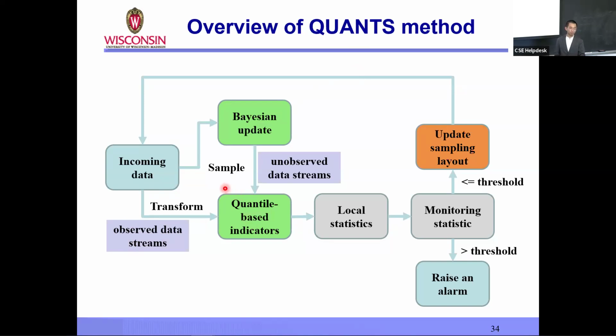If not, we generate a sample to compensate for the unobserved data streams. Once we get those quantile-based indicators, we construct the local statistics for both upward and downward directions, and then form the monitoring statistic. If it is larger than the threshold, we raise the alarm. Otherwise, we update the sampling layout for the next data acquisition.